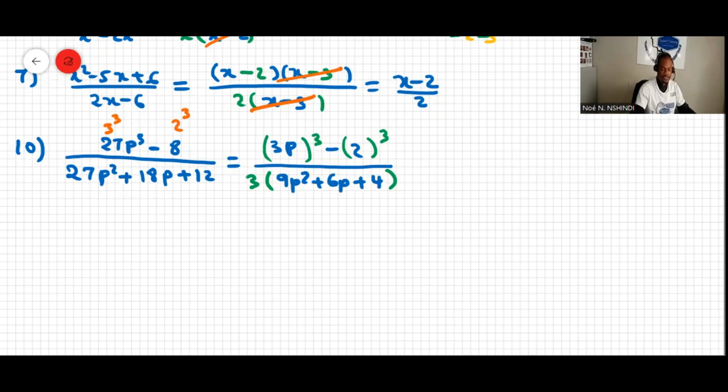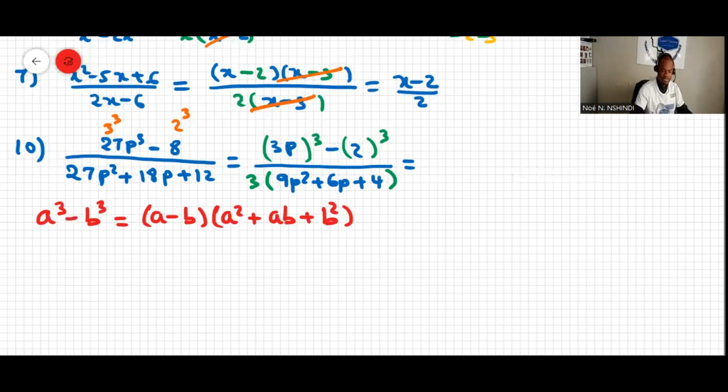So the numerator here will be what? If I apply the difference of 2 cubes, it says that when you have a cubed minus b cubed, this is equal to a minus b in the bracket like that, and then a squared plus ab plus b squared. So let's factorize the numerator.